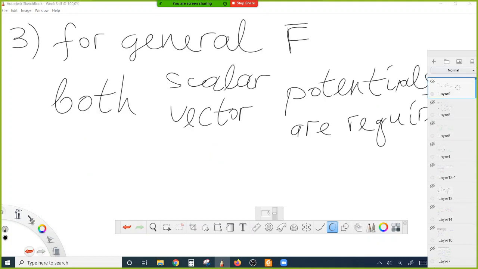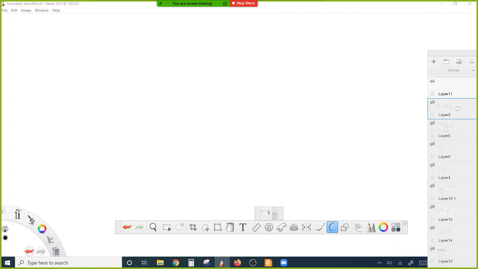Now let's see very quickly the scalar potentials and magnetic vector potential.